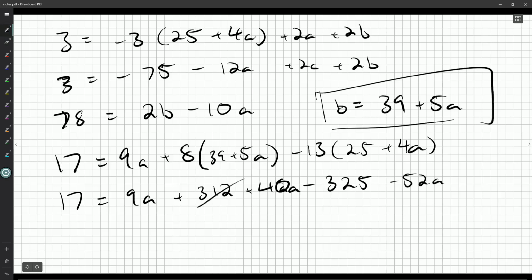Okay, clean things up. Difference between those two, minus 13. So bring the minus 13 over. You'll get 30. 9a, that's 49a minus 52. So that'll be minus 3a. A should be negative 10.